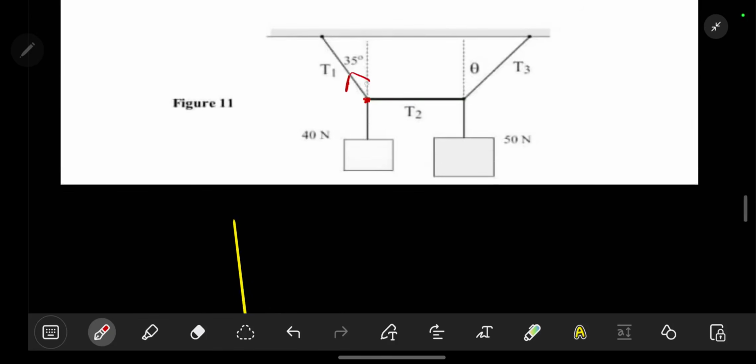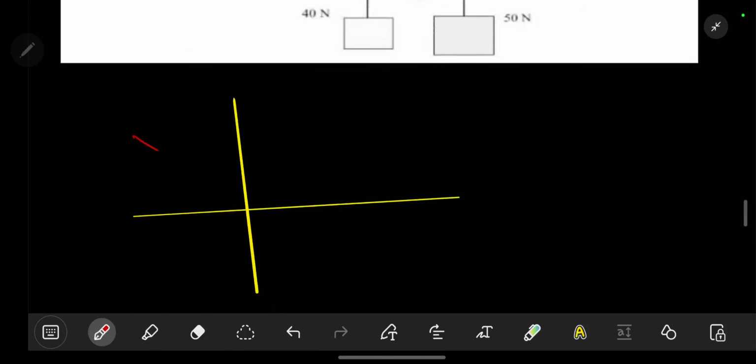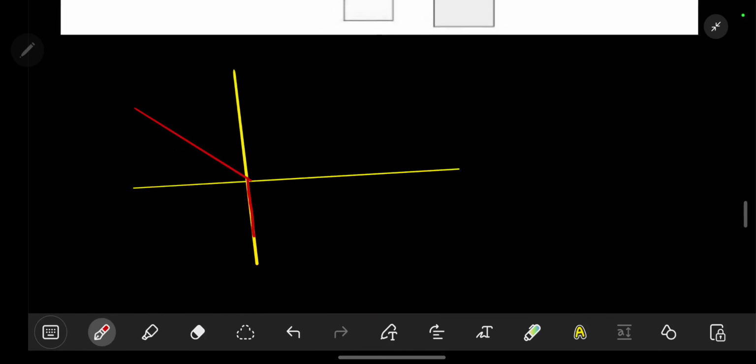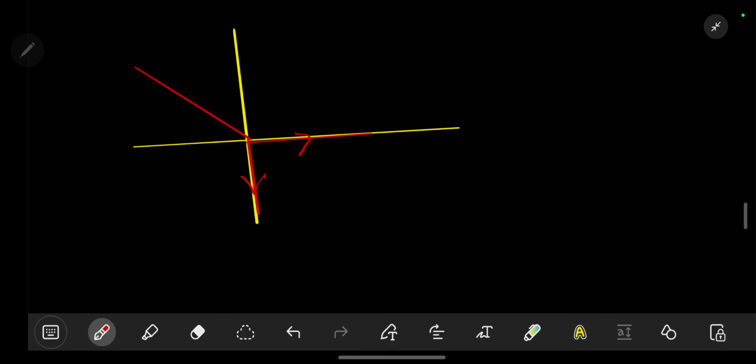As you can see, it's going in this direction, so we do the same with that. Then it is also going down like that. Then it is also going in this direction. So what we are going to do is isolate it into two parts.